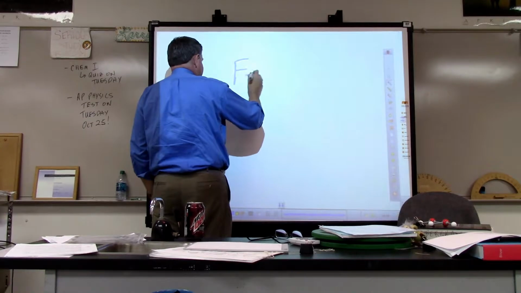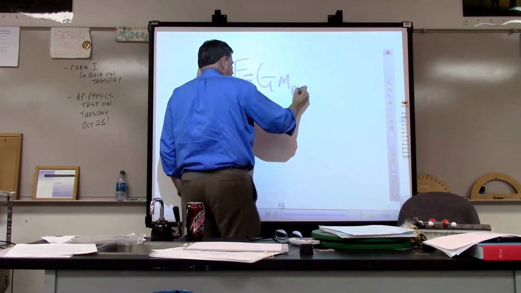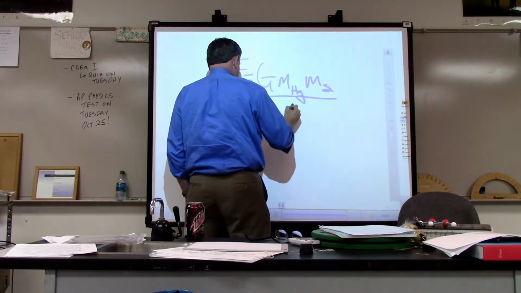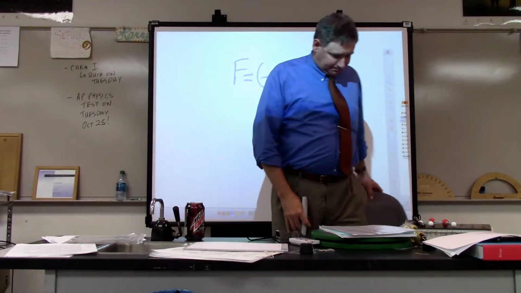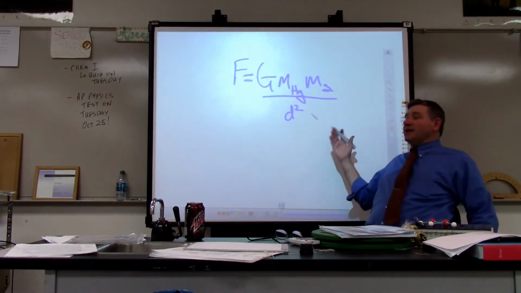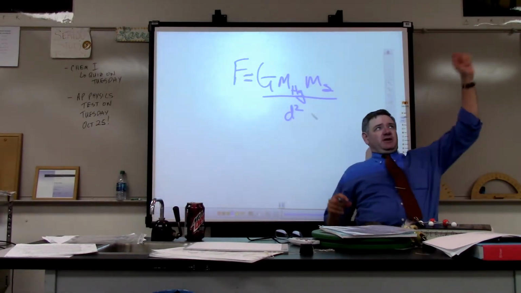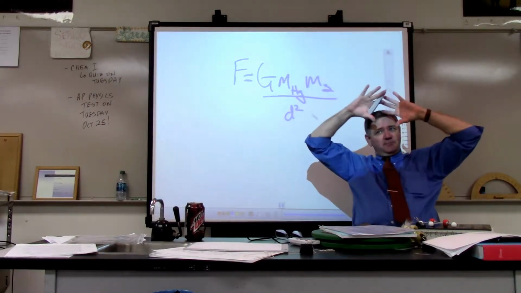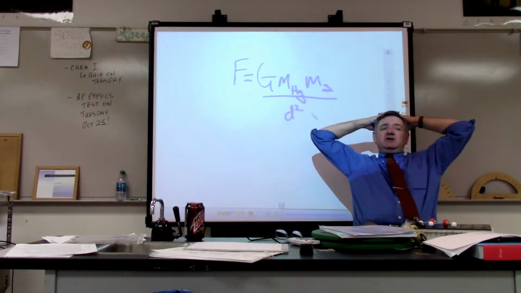We have F equals big G, mass of Mercury, mass of the Sun over these forces. Now, here's what I want you to look at. If, and this is a huge if, Mercury orbited in a perfectly circular orbit, would the gravitational force ever change?